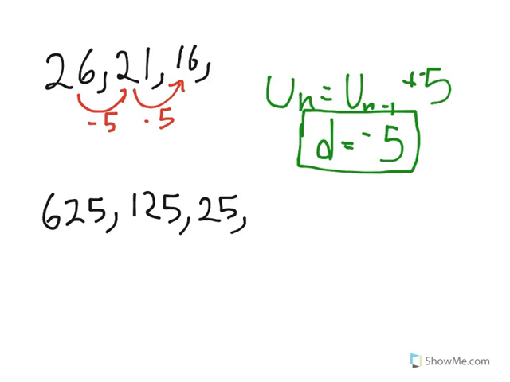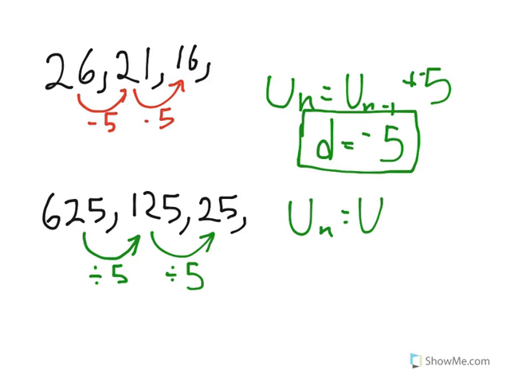If we look at this next one, we can see that we're dividing by 5 to get from one term to the next. This is still a geometric sequence, which means that we have to write it in the form of u sub n equals u sub n minus 1 times some number, and when we're dividing by 5, that's the same as multiplying by 1/5.